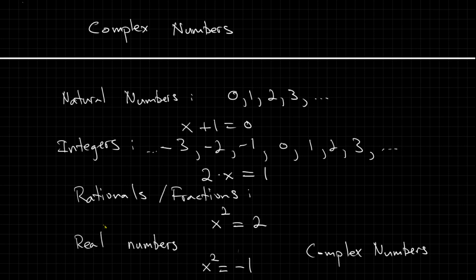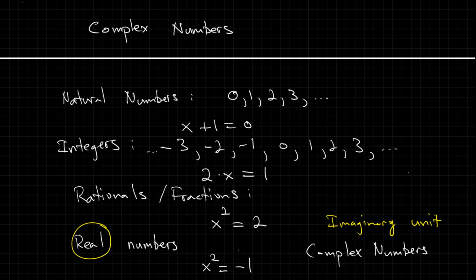So we call these real numbers. And we call something in the complex numbers, there's something called the imaginary unit. And because of this, you might think that complex numbers are, first of all, not real and perhaps imaginary and perhaps have no use.